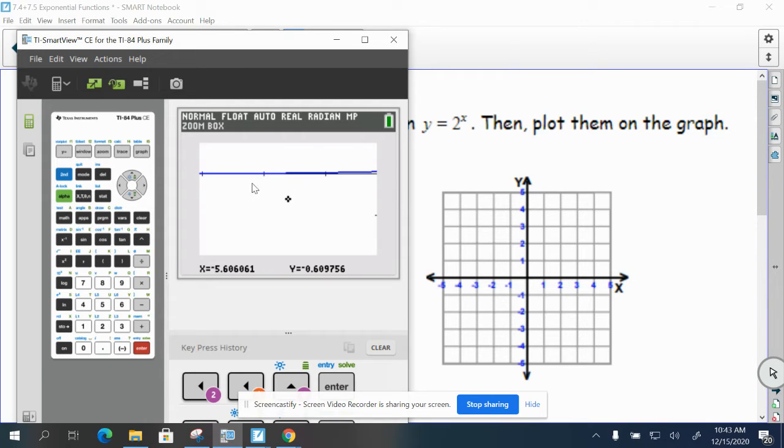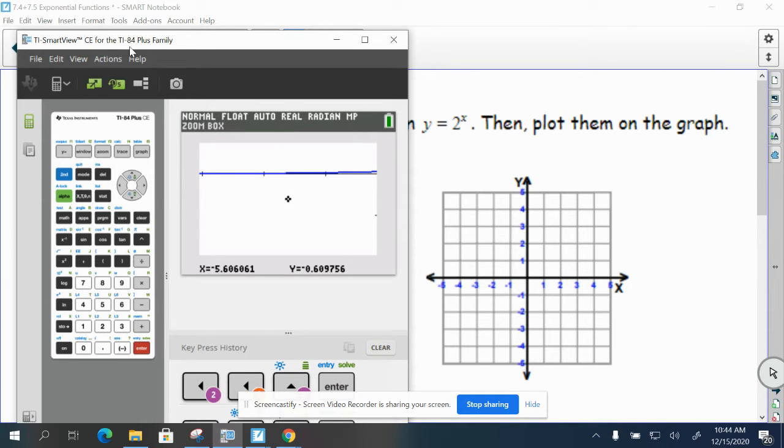It gets very, very close, but it never reaches it. That's because if you do 2 to any power, you're never going to get 0. You'll either get a fraction or a whole number.